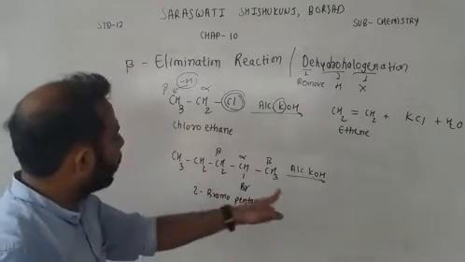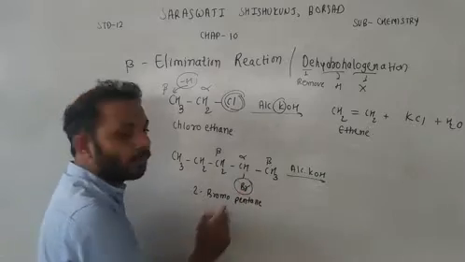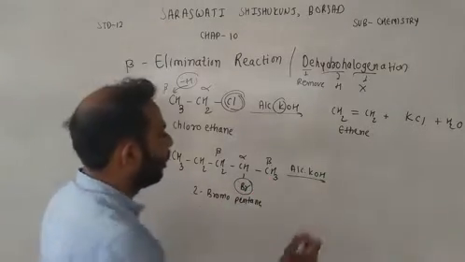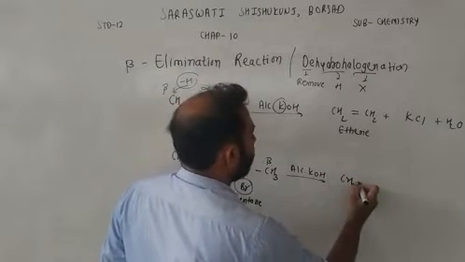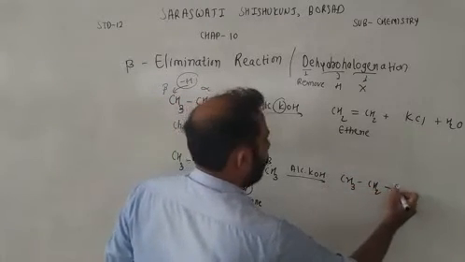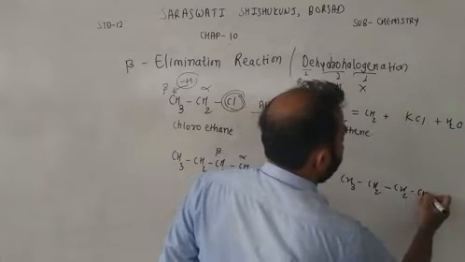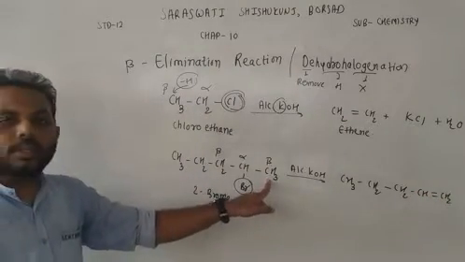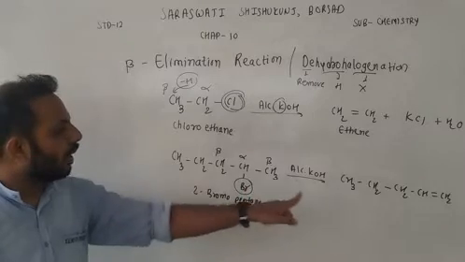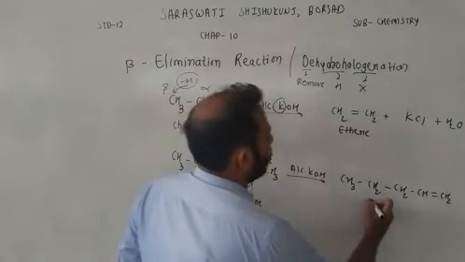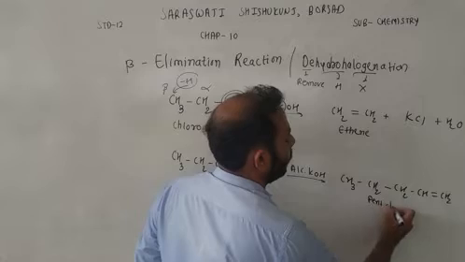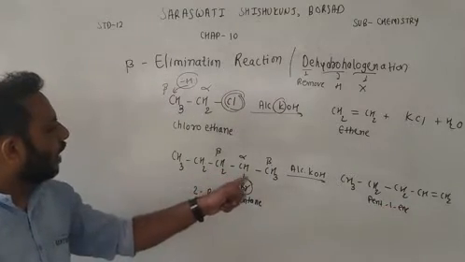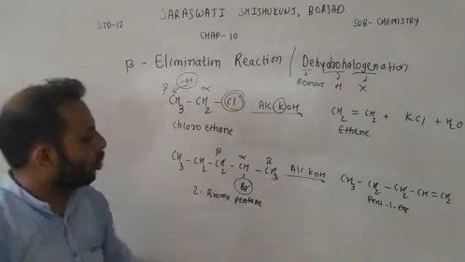So suppose halogen is removed from here and hydrogen is removed from this carbon, then we will get CH3CH2CH2CH=CH2. So hydrogen is removed from here and halogen is removed from here. So we will get pent-1-ene. Byproducts are also the same. We will get KBr plus H2O.